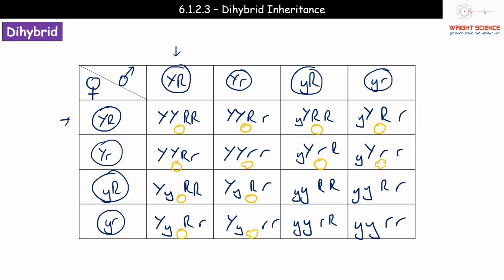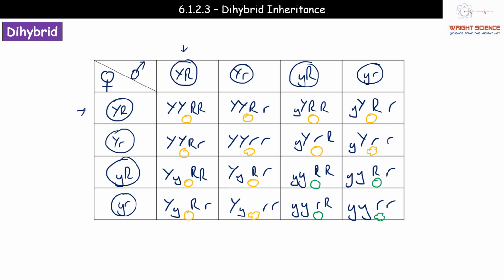Then obviously we're going to go to the greens because we've got no more capital Y's left, sorry, in any of the boxes that we have not labelled yet. So two lowercase y's, two capital R's means a green round, and we can do green round here and here. This just leaves both lowercase y's, both lowercase r's. That's a little green wrinkly one.